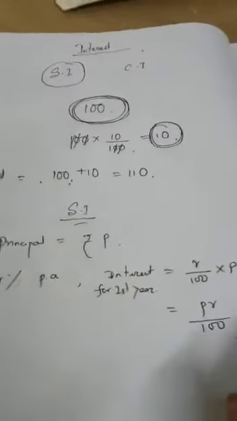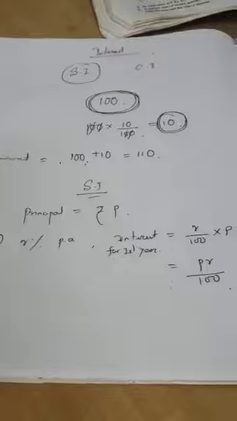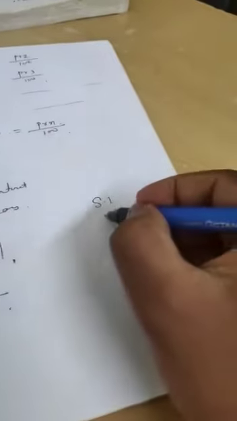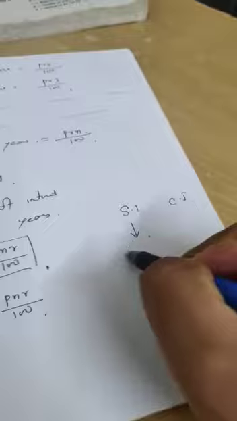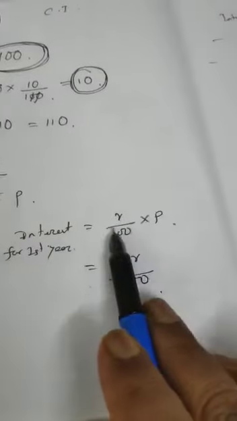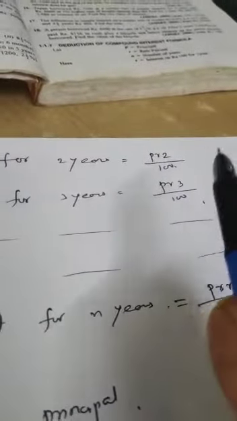So what is the difference between SI and CI? In case of SI, we always calculate interest on the principal. See here, first year interest on the principal. Second year also interest on the principal itself. Third year also interest on the principal.